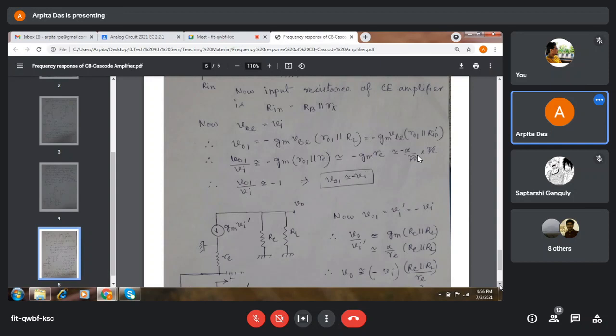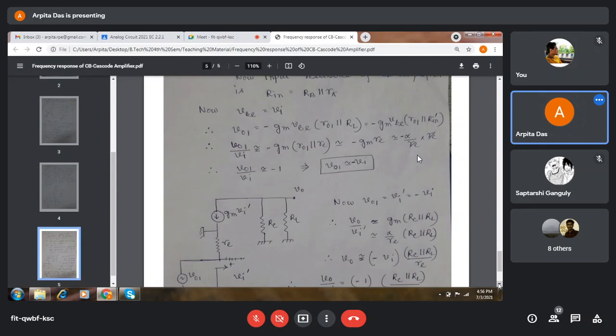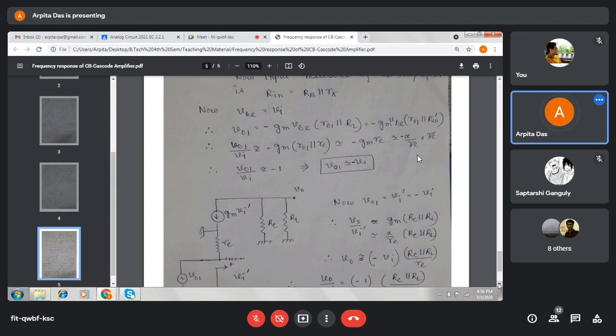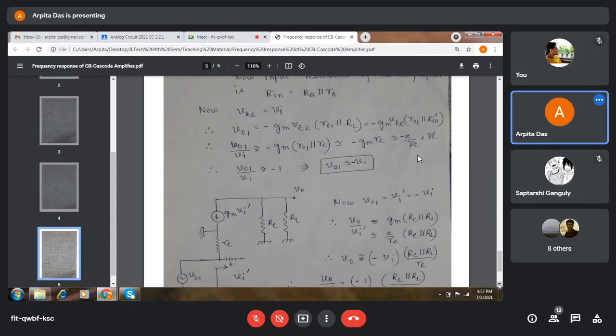And if you have the restriction to use a wideband amplifier, the frequency bandwidth of the amplifier is very much important. We don't wish to lose that frequency bandwidth of the amplifier.